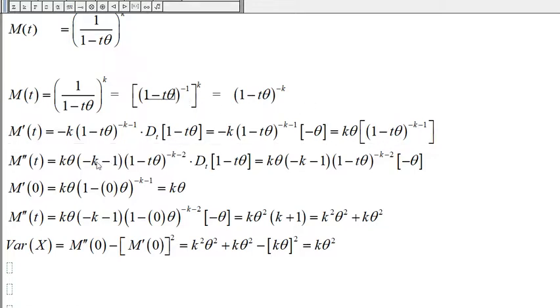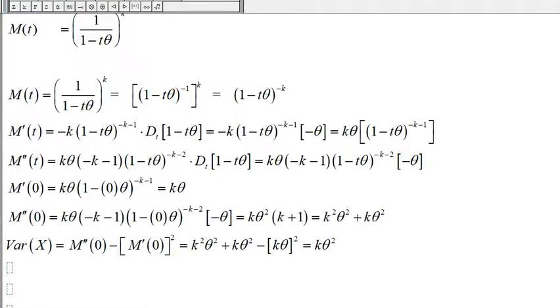So it would be negative k minus 1 to the front, and then subtract 1, we get negative k minus 2, and then times the derivative of 1 minus t theta, which is negative theta. So this is the second derivative of the moment generating function for the random variable x.